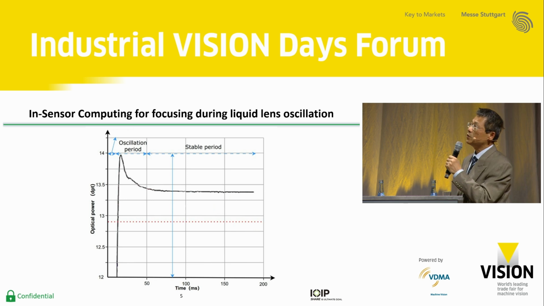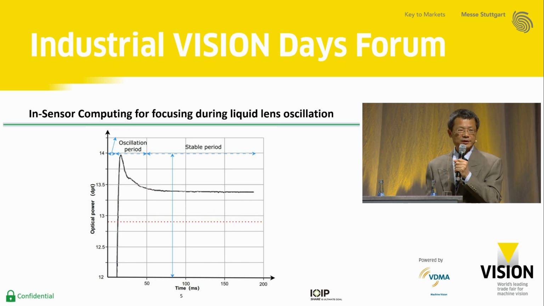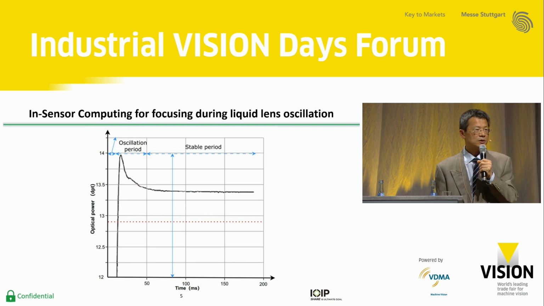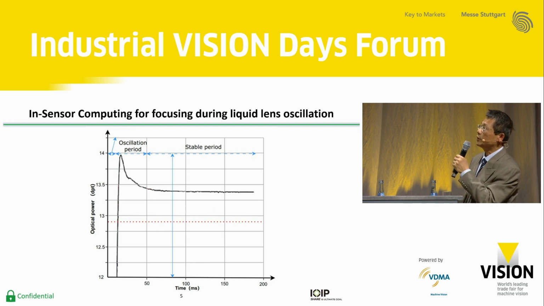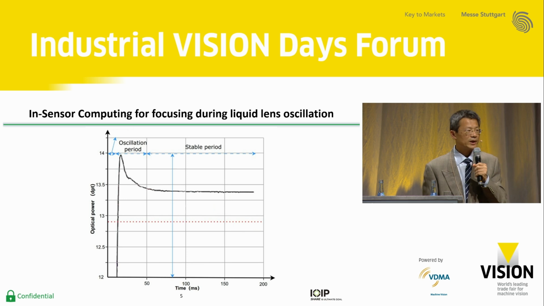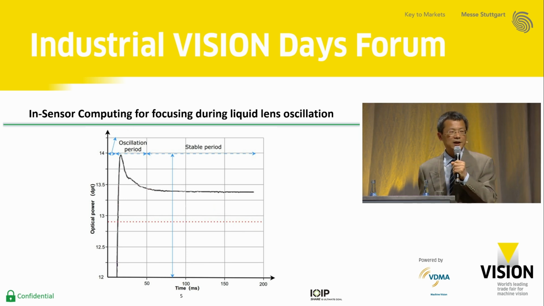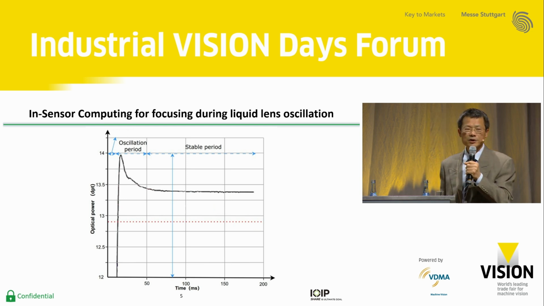But here we introduce an advanced method to get the image rapidly. That is, we use the oscillation period. So even before the stable period, we can catch the right position.